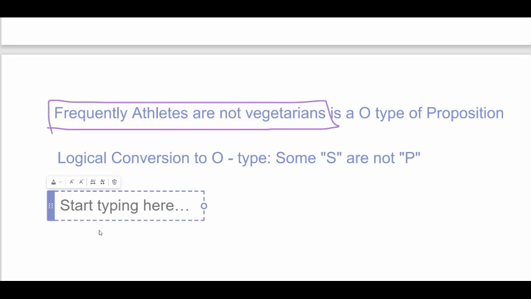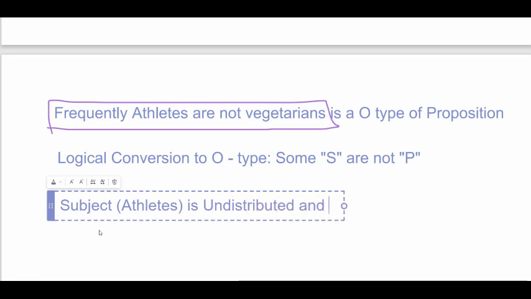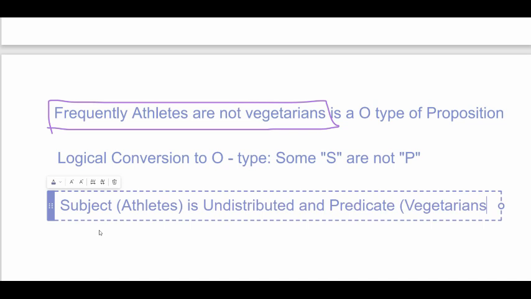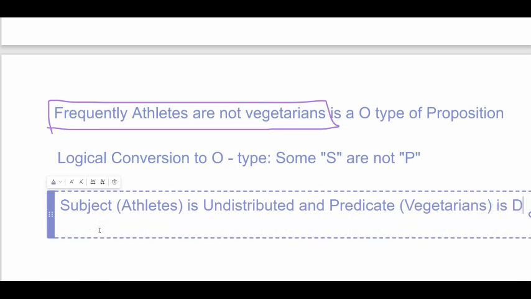So we know that subject, which is athletes, is undistributed, and predicate, which is vegetarians, is distributed.